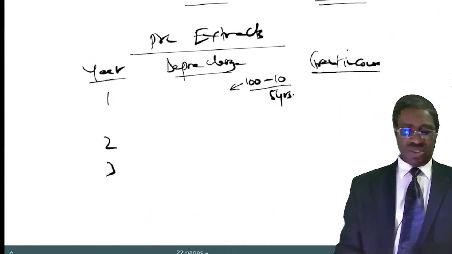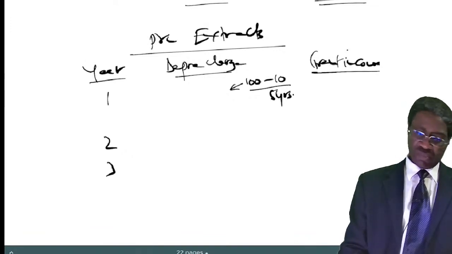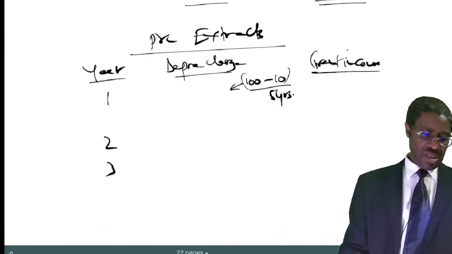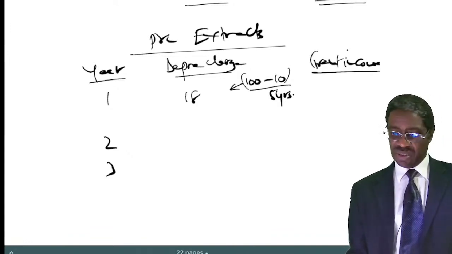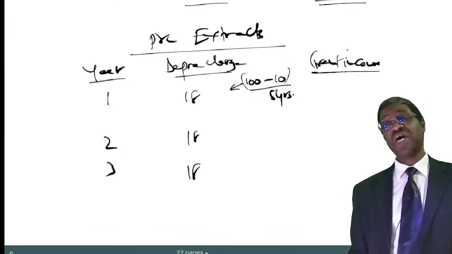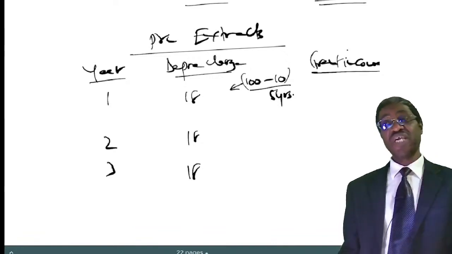So if it is that, then it means I'm taking 90. 100 minus 10 is 90. Divide by 5. That comes to 18. Every year you'll be charging 18 in the P&L account as depreciation. Every year you charge 18.